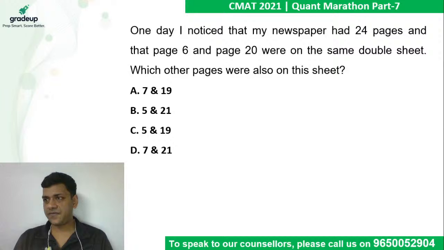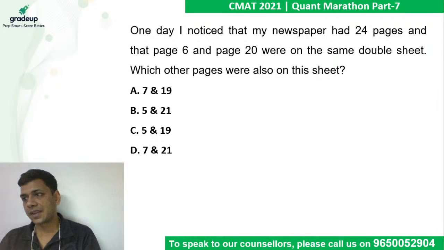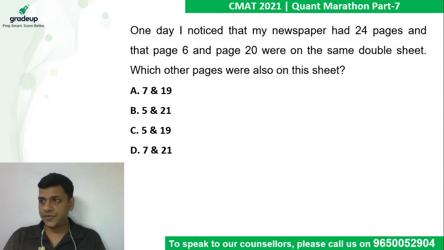Vanshika feels it's 5 and 19. Nagraj feels it is 7 and 21. So A or C? Majority of the people are confused between A and C.